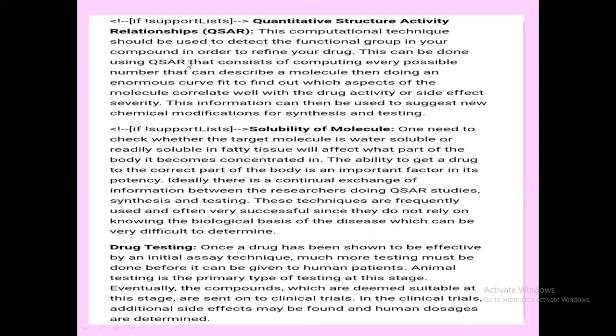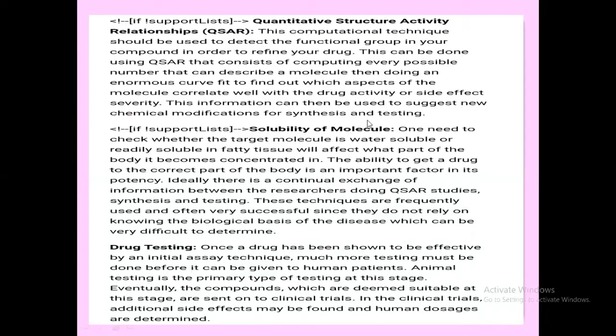So this QSAR is going to give all the details about the severity of side effects or how active your drug is. This information can then be used to suggest new chemical modifications for the synthesis and the testing of your drug.